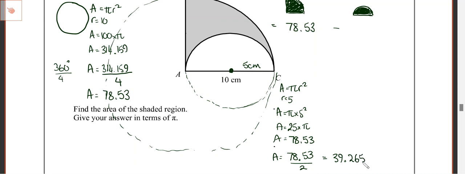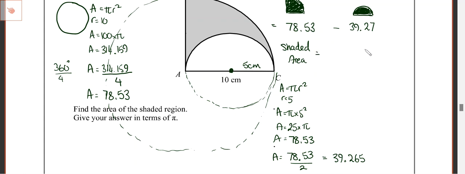Well, that's important, isn't it? Because we're going to do the big quarter minus that half. So we're going to do 78.53 minus 39.265. So the shaded area is the result of that.